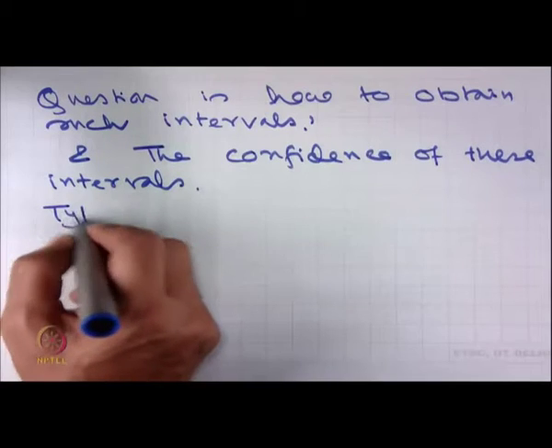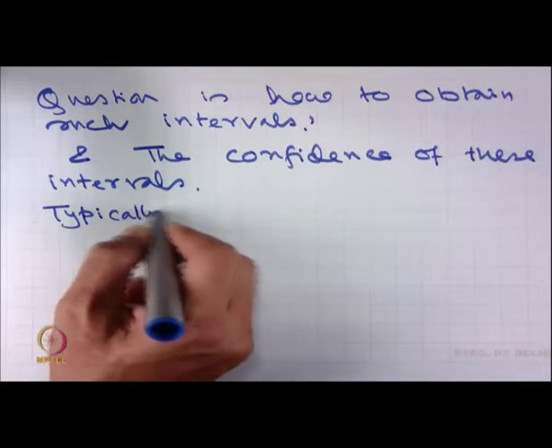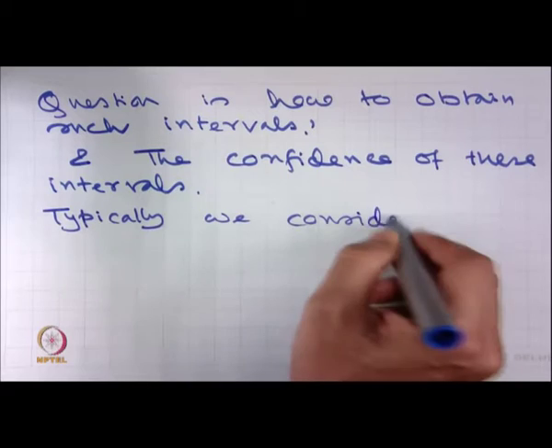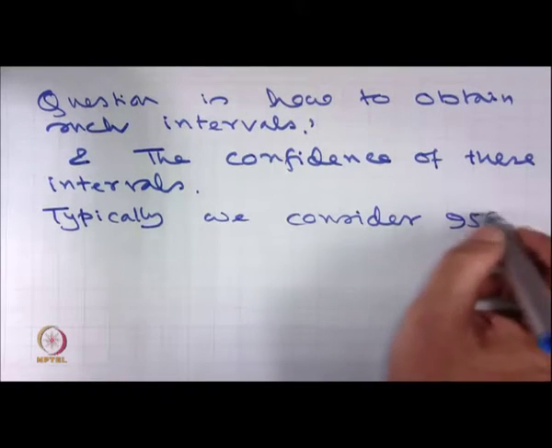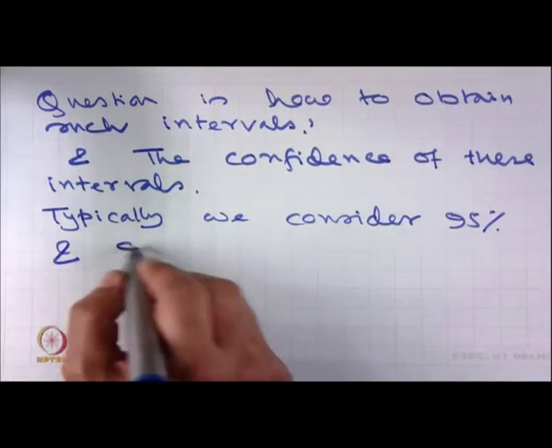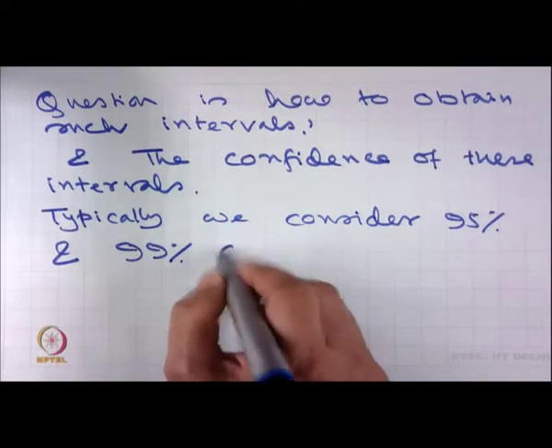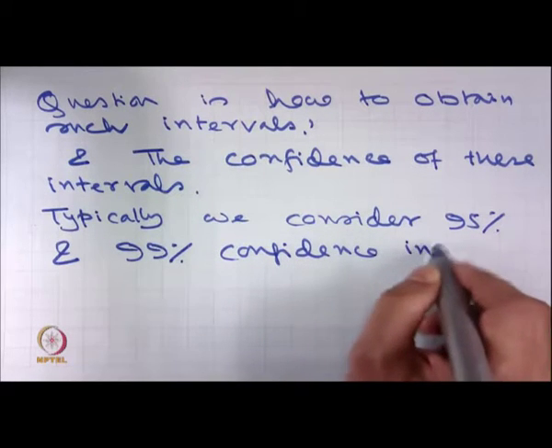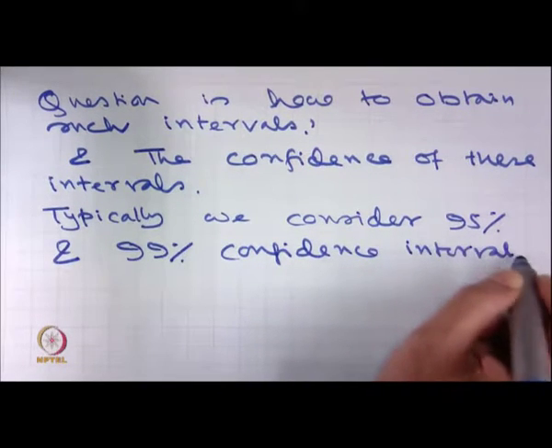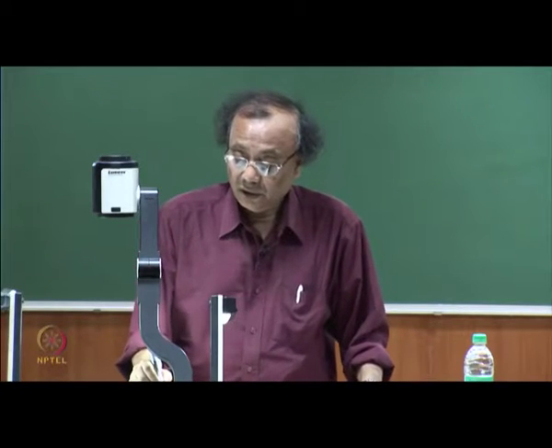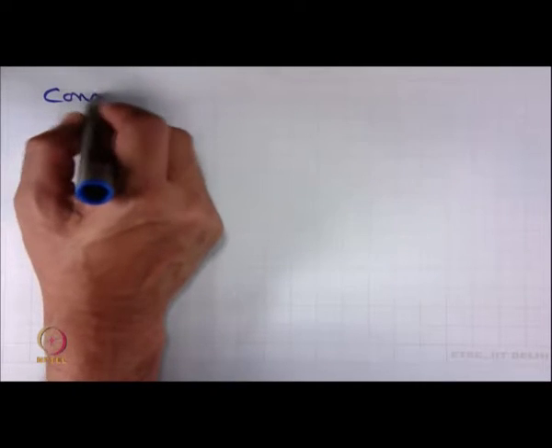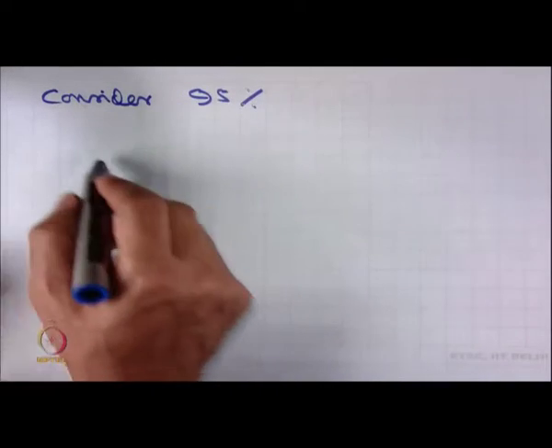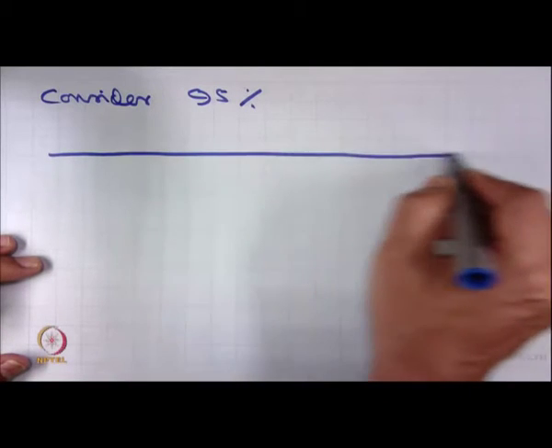Typically, we consider 95% and 99% confidence intervals. Consider 95%. Suppose this is the range of theta.